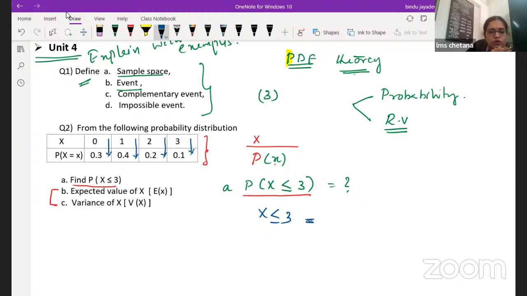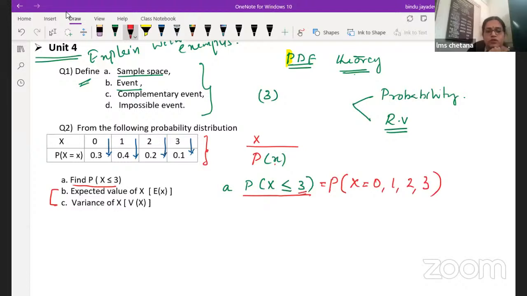See here, what numbers are given that are less than 3? 2, 0, 1. That means, how do you write the answer? First you see which numbers are less than 3. Therefore, you write: this is equal to probability of X equal to 0, 1, 2, and 3 is also going to come because it is less than or equal to.